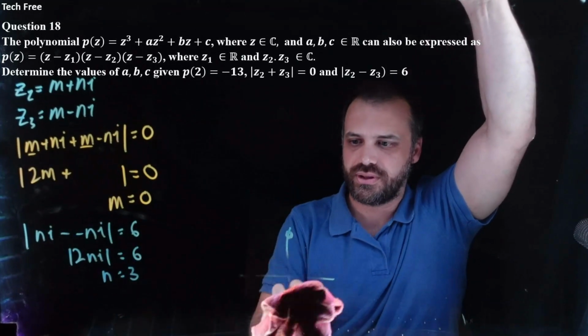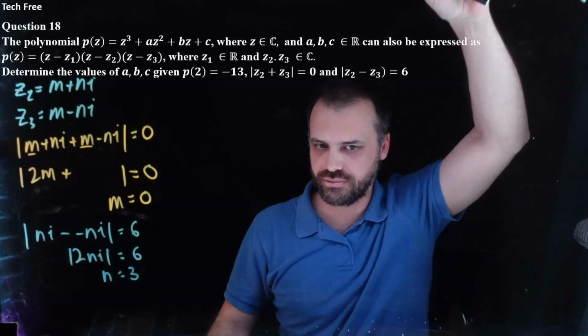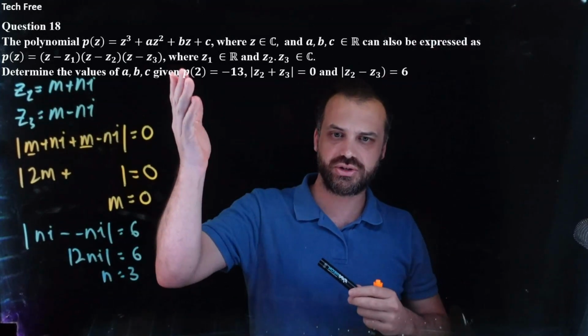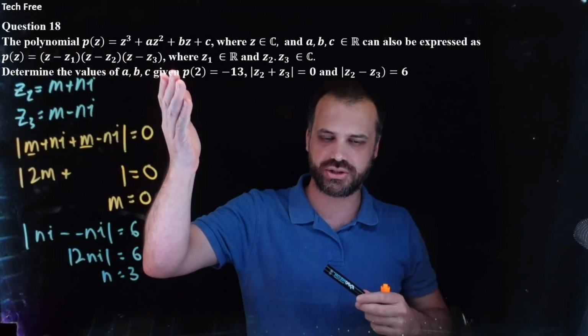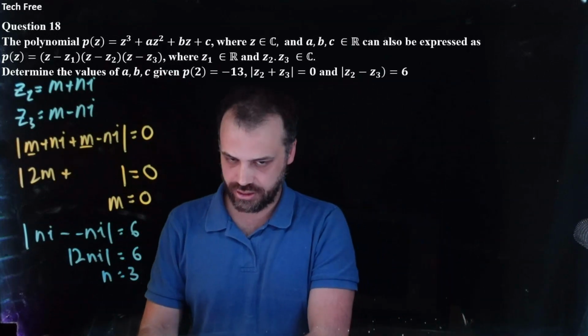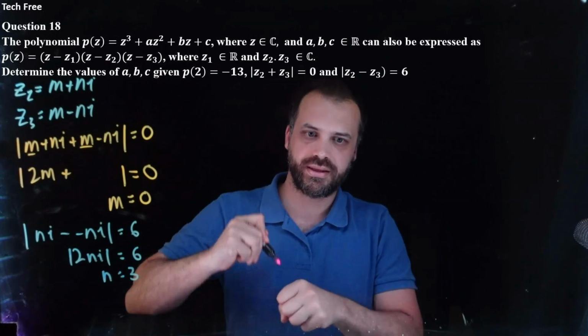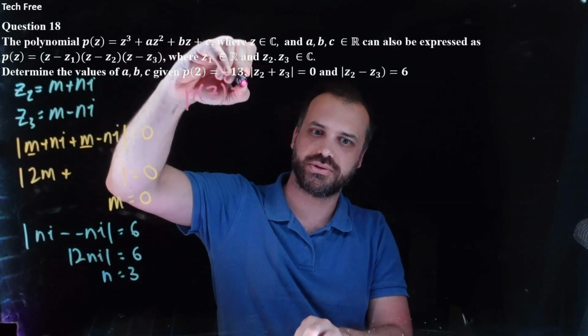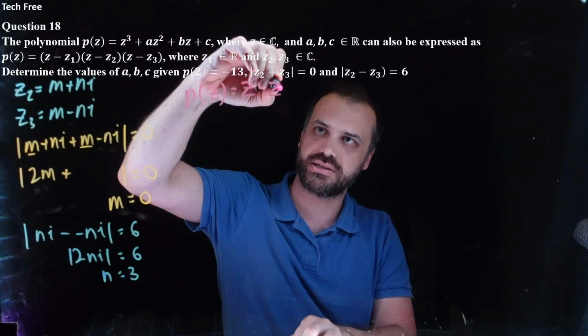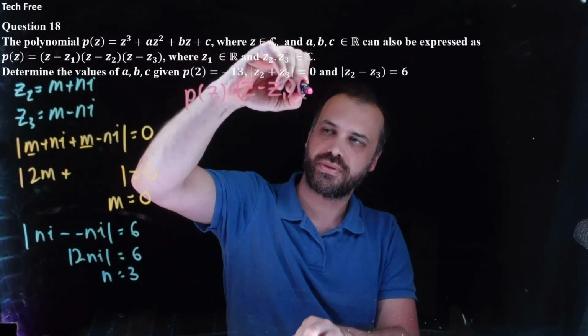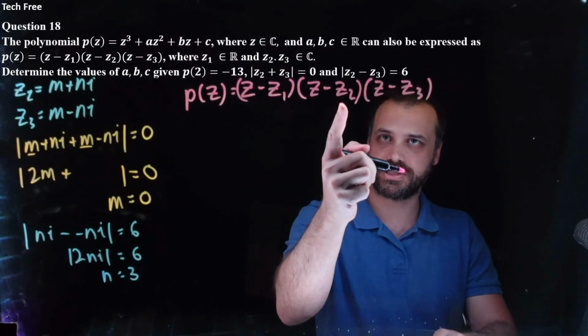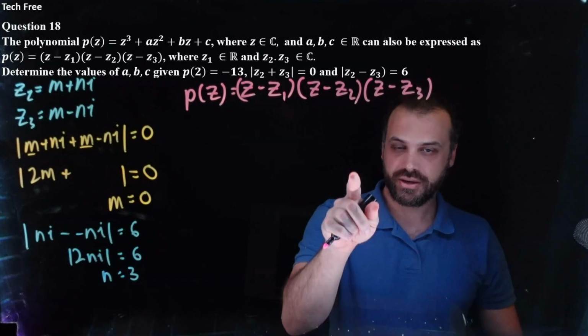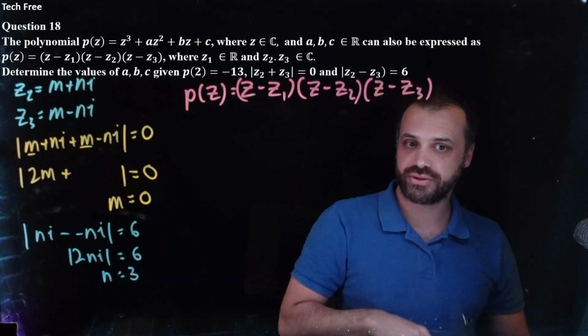Z3. All right, so let's think about Z2 and Z3. Where does Z2 and Z3 sort of appear in this equation? So I can get my marker out here and I can say something like PZ equals Z minus Z1, Z minus Z2, and Z minus Z3, but we know Z2 and we know Z3.